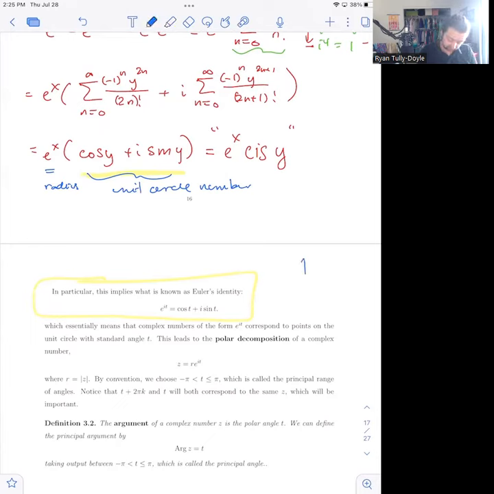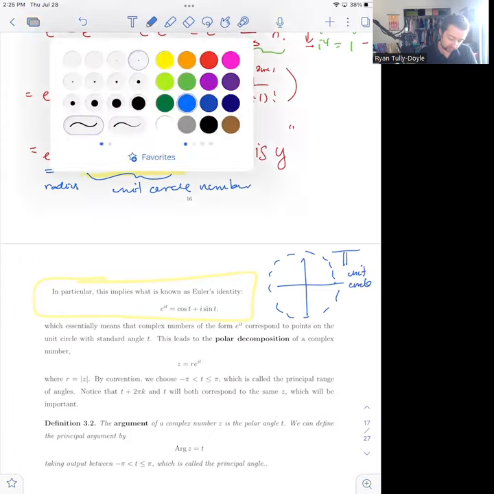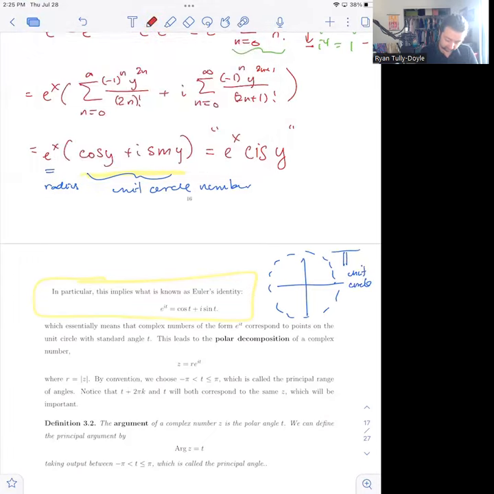And the picture that you should carry around in your head for this is what's called the complex unit circle, normally denoted T, in this fancy double-stroke T. And so this is the unit circle, and e to the it is just a point on this circle. So here's e to the it. And the x coordinate, or real coordinate, of e to the it is the cosine of t, and the y component is the sine of t.